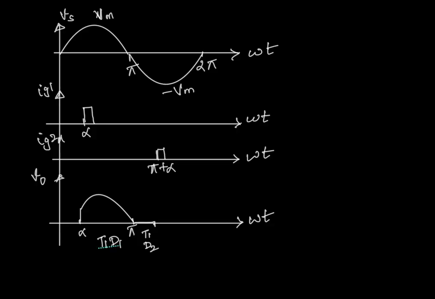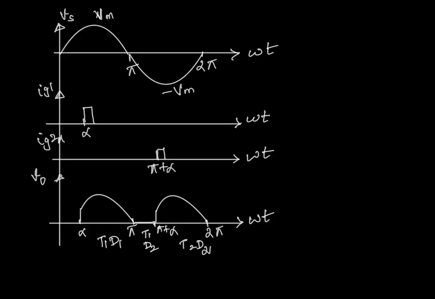Then from pi plus alpha to 2 pi, we have T2 and D1 conducting, so the output voltage will be equal to minus the input voltage, minus Vs. This input voltage will now appear on the positive side.